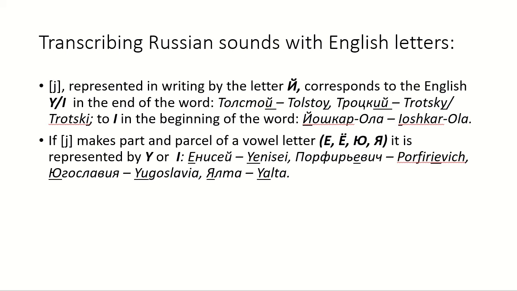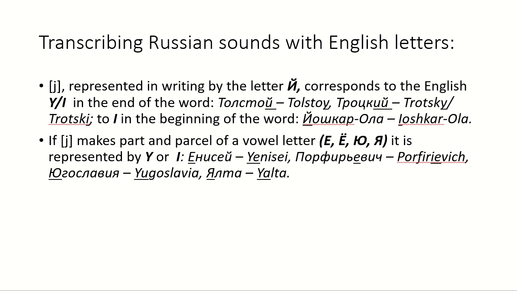The sound represented in writing by the letter I kratkaya corresponds to the English Y or I in the end of the word. For example, in the end of the word, it is like Y, Tolstoy, Trotsky, for example, and to I in the beginning of the word.